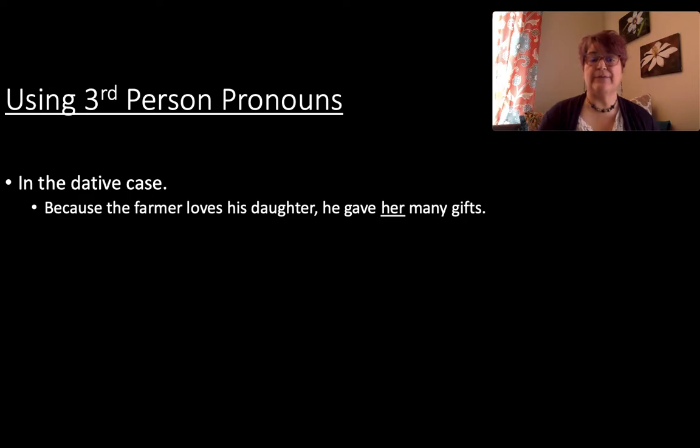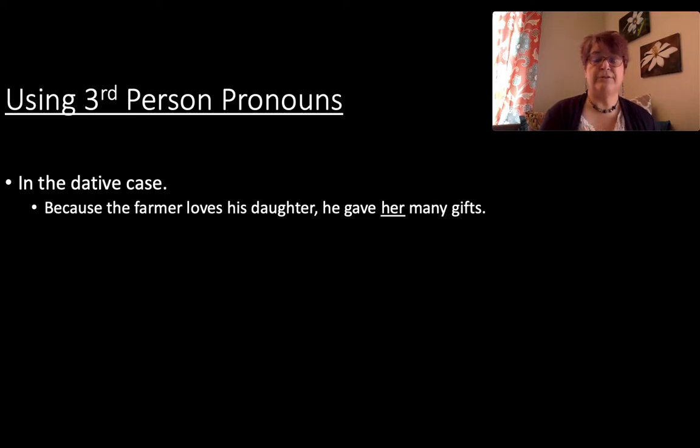Because the farmer loves his daughter, he gave her many gifts. In order to write her into Latin, I need to know its antecedent, which of course is daughter, and daughter is singular and feminine. This means that my pronoun must also be singular and feminine.